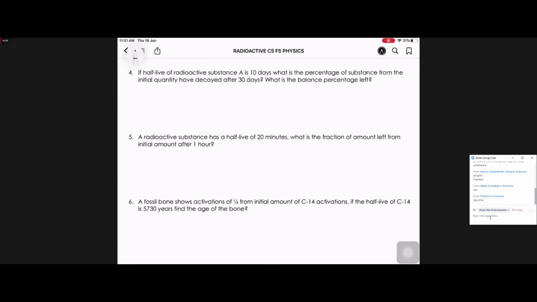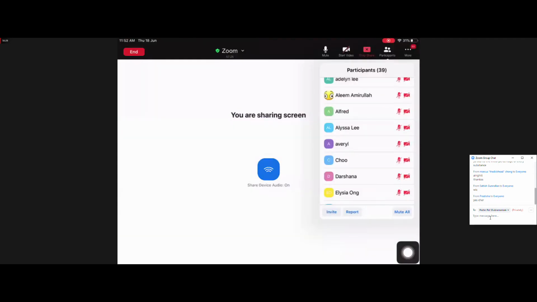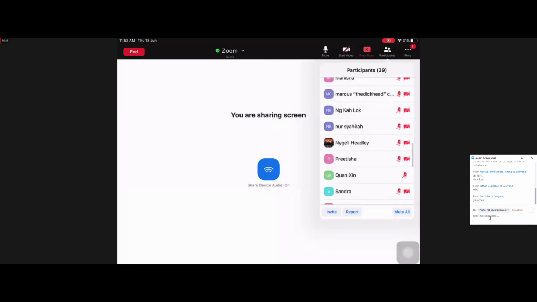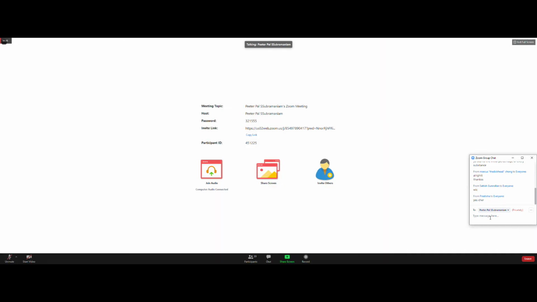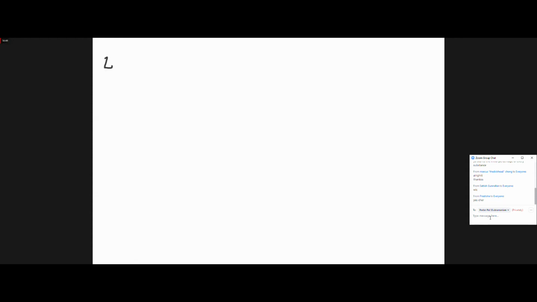Okay, first question. Each half-life is 10 days. After 30 days, what is the percentage that has decayed and what is the balance? Question 4.